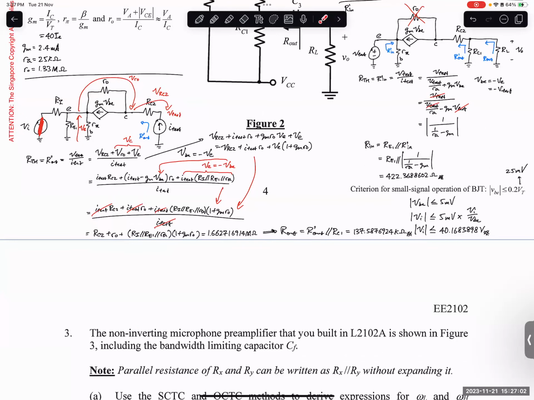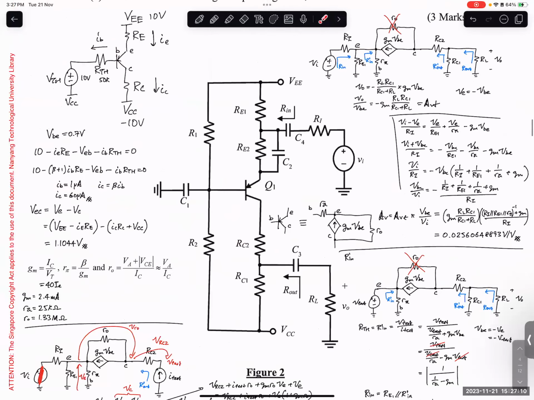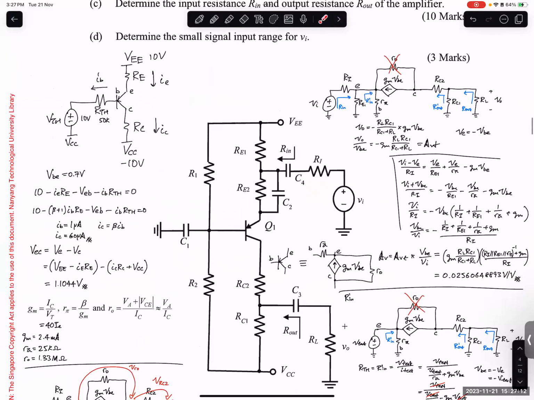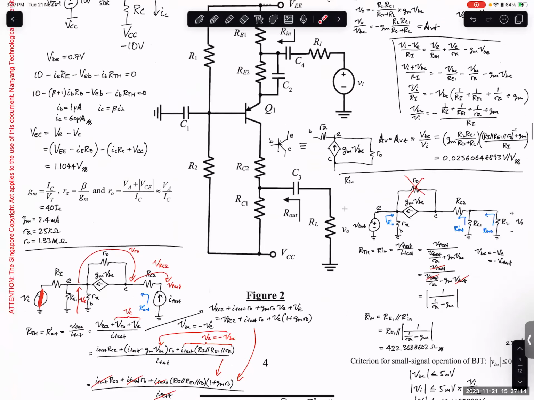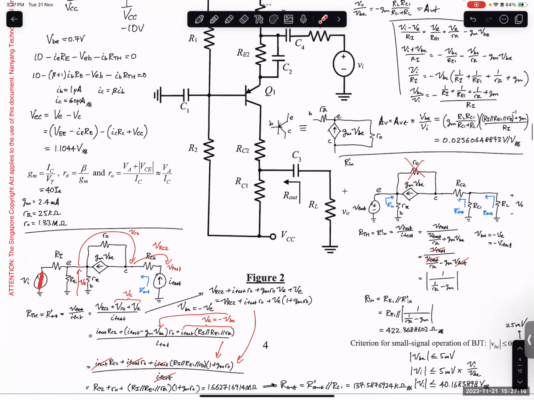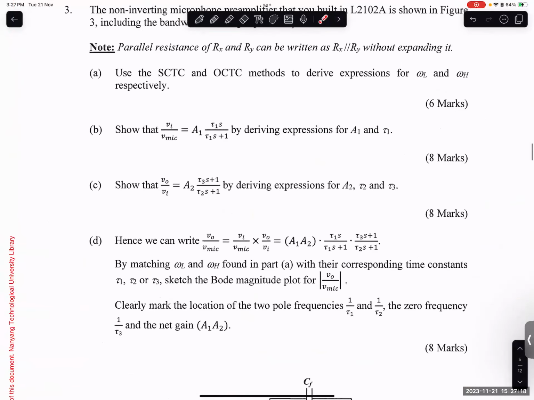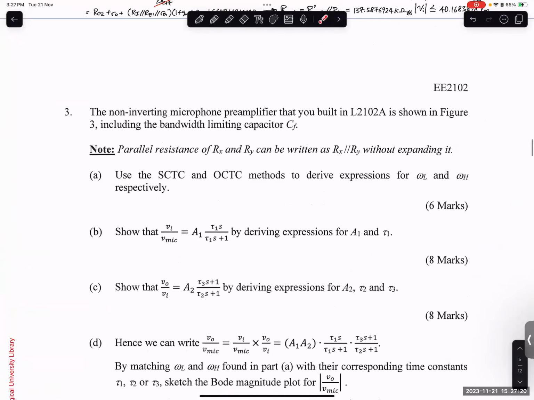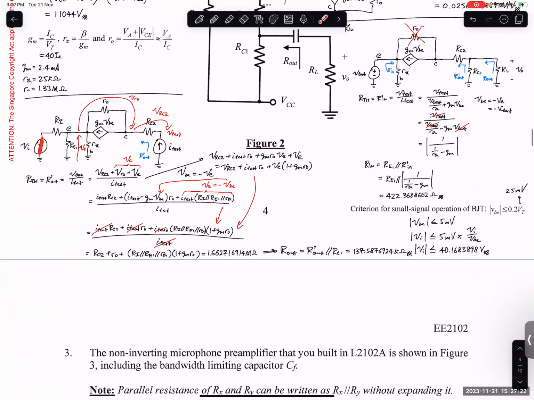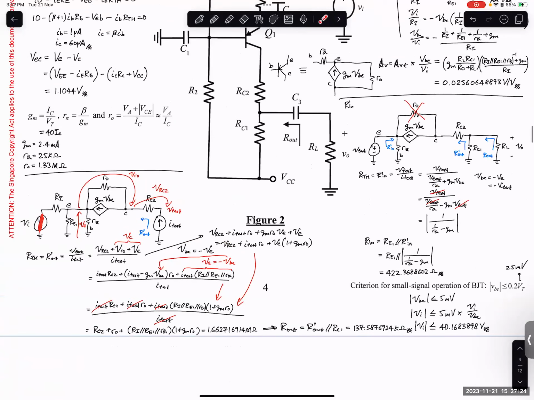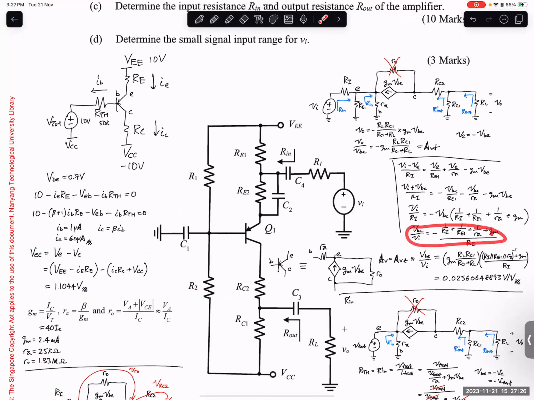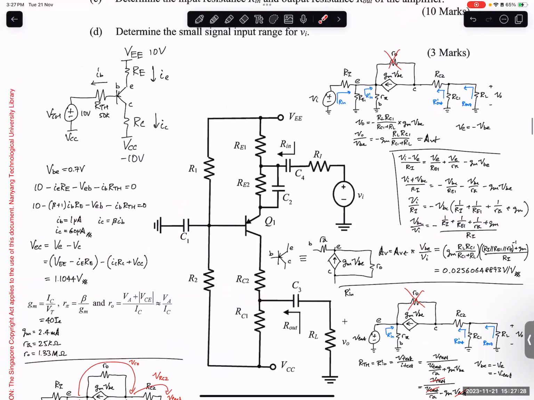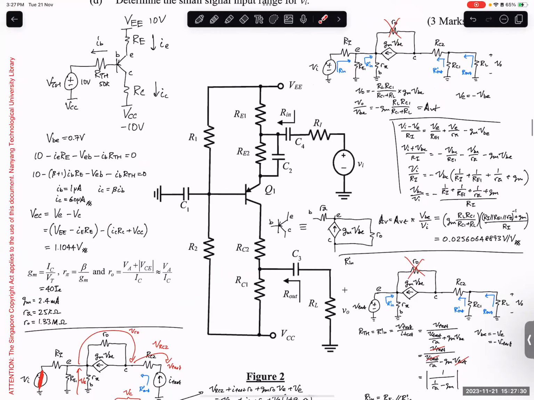Just VI over VB. But we didn't calculate that value out. Which part? VI over VB, this here. We already calculated just now. We just invert the I over, then we get the answer already.